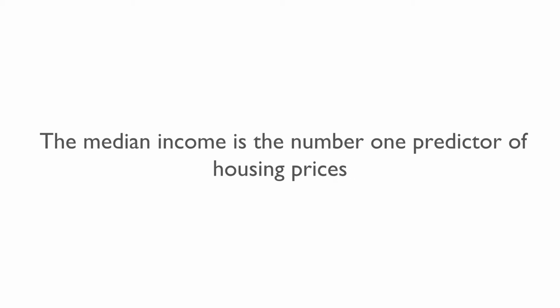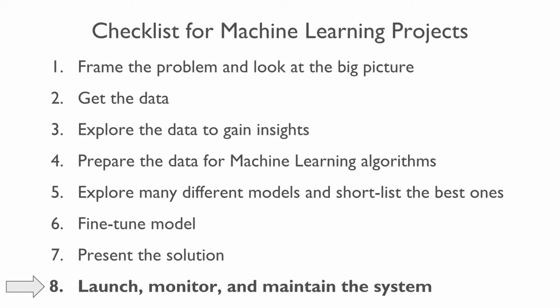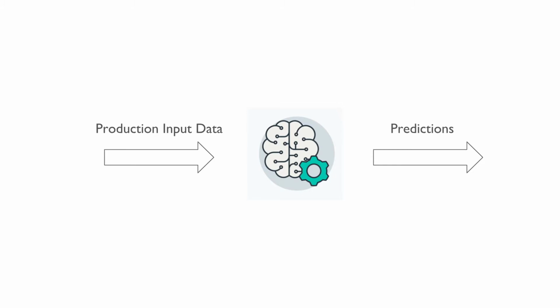The final step in the checklist is to launch, monitor, and maintain the system. In this step, we get the model ready for production by plugging in the production input data. Also, we write monitoring code in order to check the model's performance at regular intervals and trigger an alert when the performance drops.